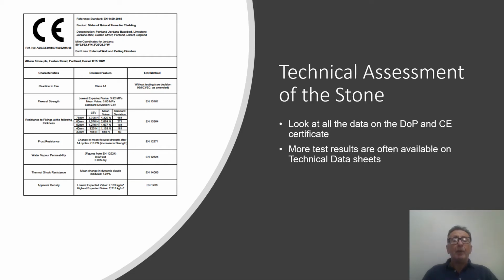This slide simply provides an example of how a CE marking document and a declaration of performance could look. It provides details of the actual stone, the quarry source, and the various tests against which that stone has been tested and the values that are provided.